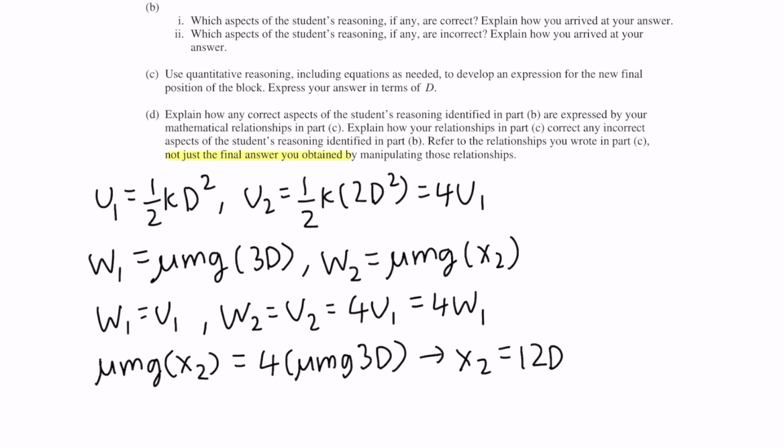And then the student was also correct in reasoning that the block will slide further because the equation for work shows that the work done by friction to stop the block in the second case is greater than the work done in the first case. However, it also shows us that the student was incorrect in reasoning that the energy increases proportionally with the spring's compression factor. They reasoned that it would increase by a factor of 2, but we showed here that it would increase by a factor of 4.